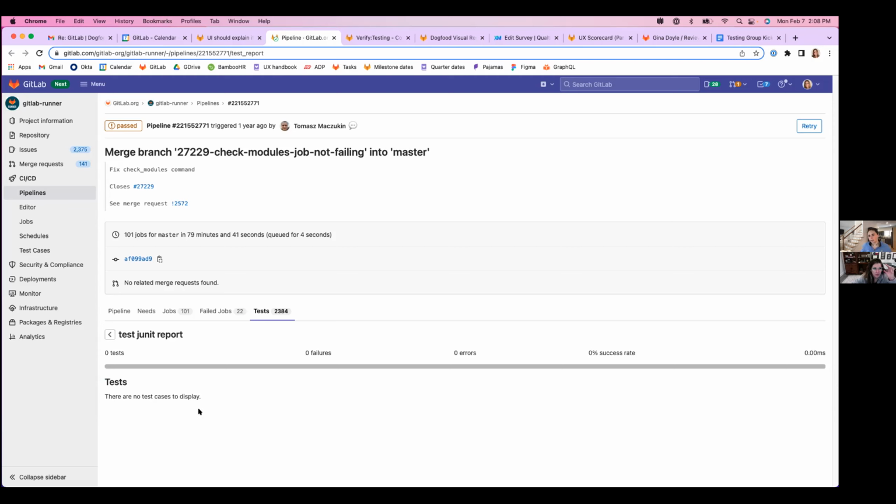So this one triggered a year ago, the artifacts would be gone. But I think about how people are going to configure this in self-managed. Some will always keep their artifacts and other people won't, so I don't know if we can set up a rule that says retrieve old artifacts or not.